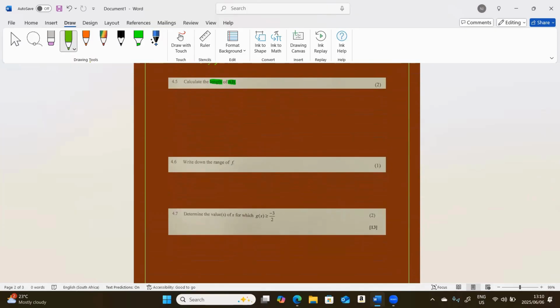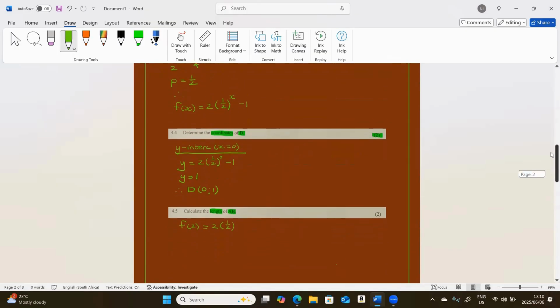You can just use your function notation as well. You can say that in this graph, we are going to substitute the x value with 2. So in this function it's going to be 2 times a half. Remember, we need to replace the x value with 2. Let's go up. Can you see?